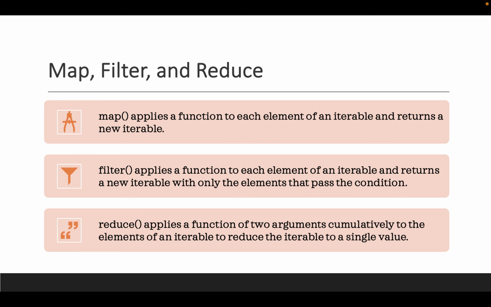Now we visit map, filter and reduce features. The map is a higher order function that applies the function given as first parameter to each element of an iterable, for example a list, and returns a new iterable after applying that function to each element.